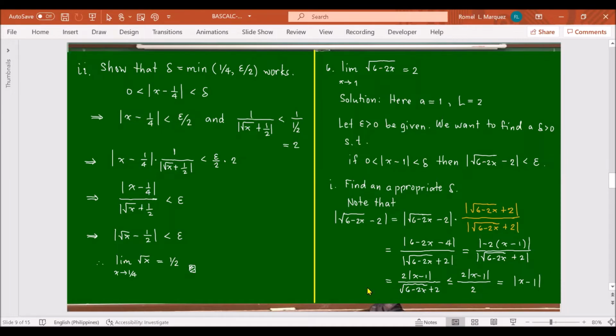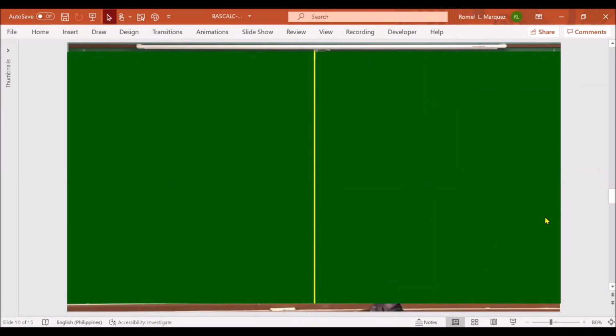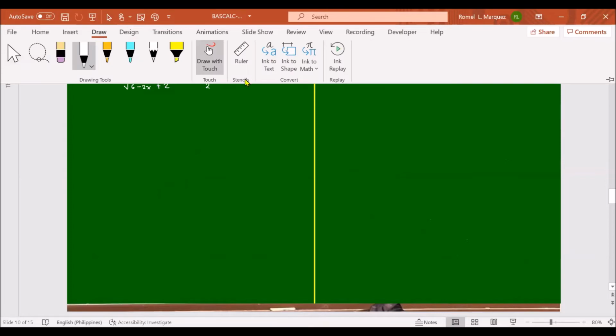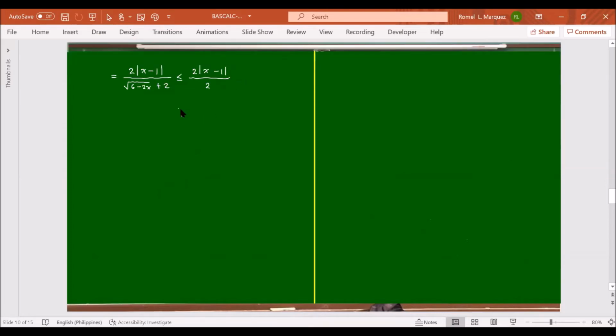Okay? So I think I need to copy this so that I can see this when I move to the next slide. Let me copy here. So this is the last line that I have. I can still simplify this, right? And this is equal to what? Abs of x minus 1. Am I right, guys?